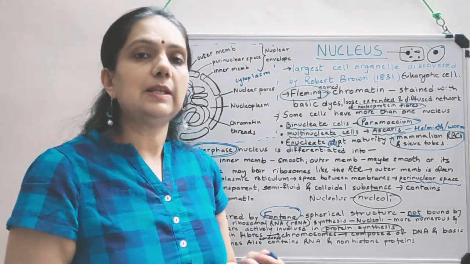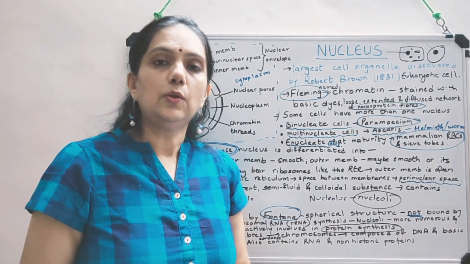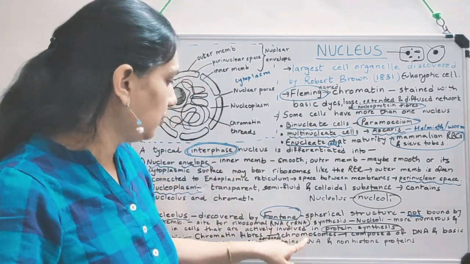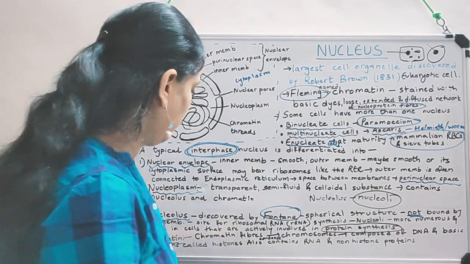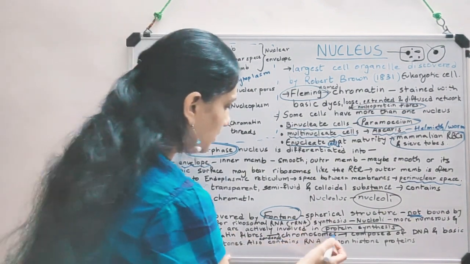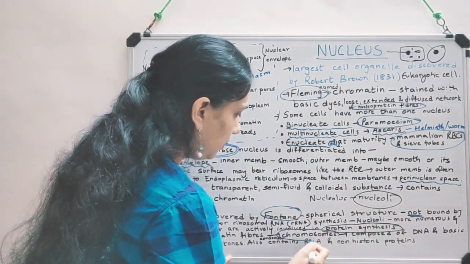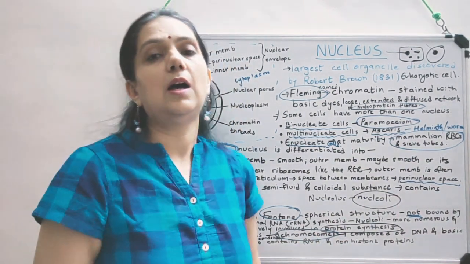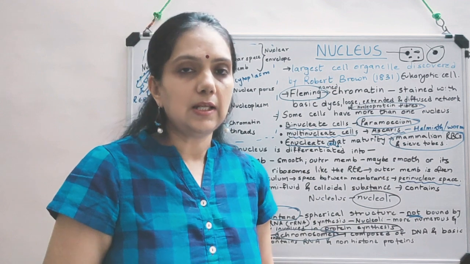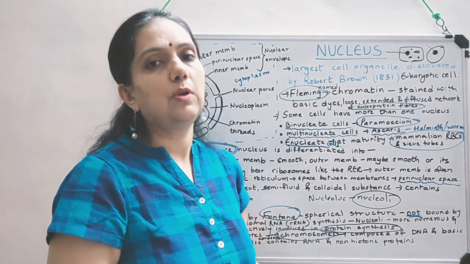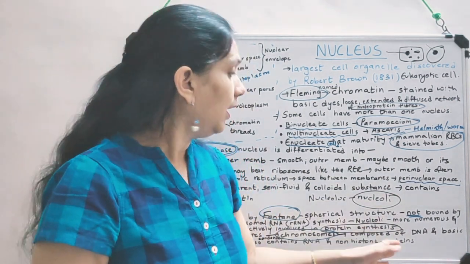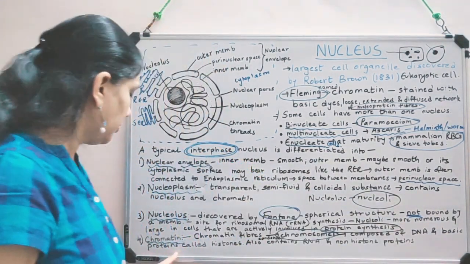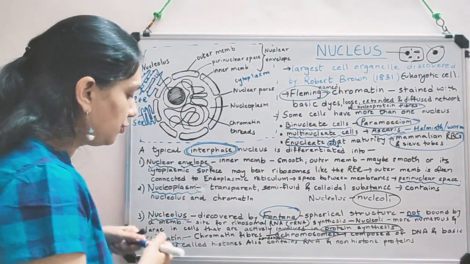But once the cell starts dividing, the chromatin fibers are converted into chromosomes. These chromosomes are made up of DNA, that is deoxyribonucleic acid, and the other proteins are the basic proteins called histone proteins.